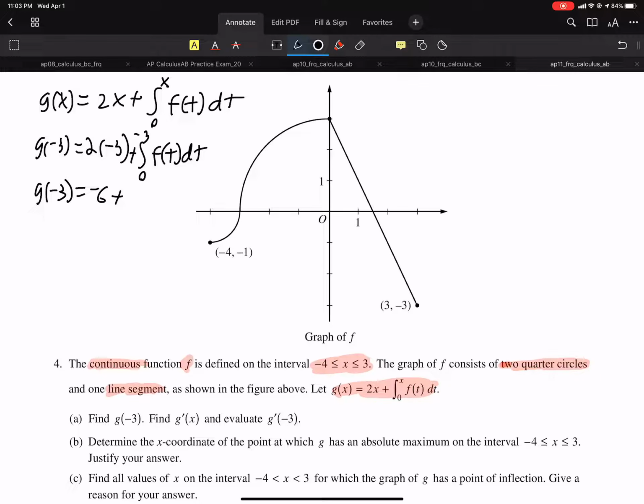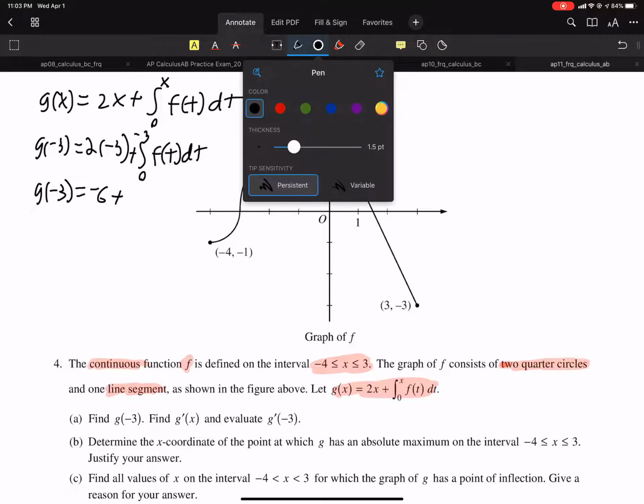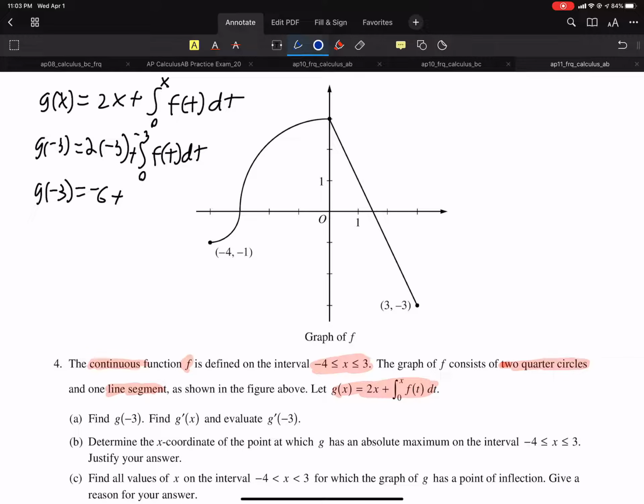Since we don't have a function, we can't use the fundamental theorem, but we know it's net area. And if you look at this problem, we're actually going backwards. So we're integrating starting at 0 and going to negative 3.